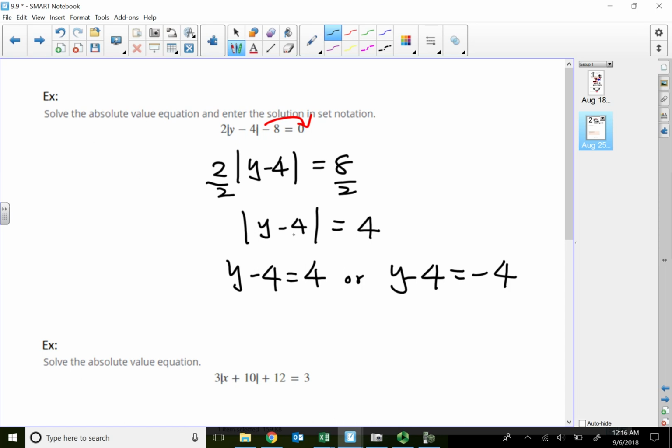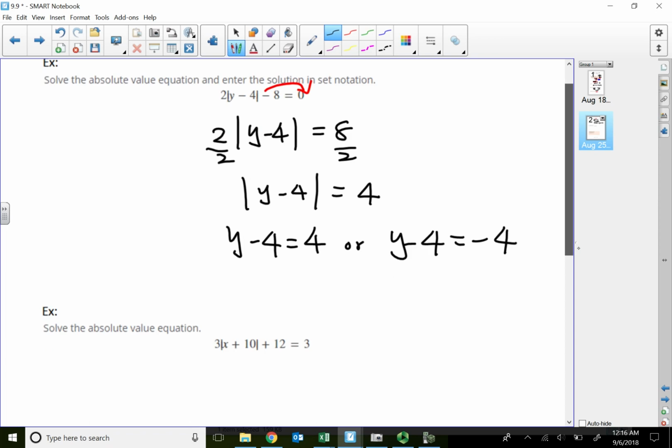Because remember, what I can put inside the absolute value is a positive 1 and a negative 1. That's why when we strip off the absolute value, we have to set one as a positive on the right side, the other one as a negative on the right side.